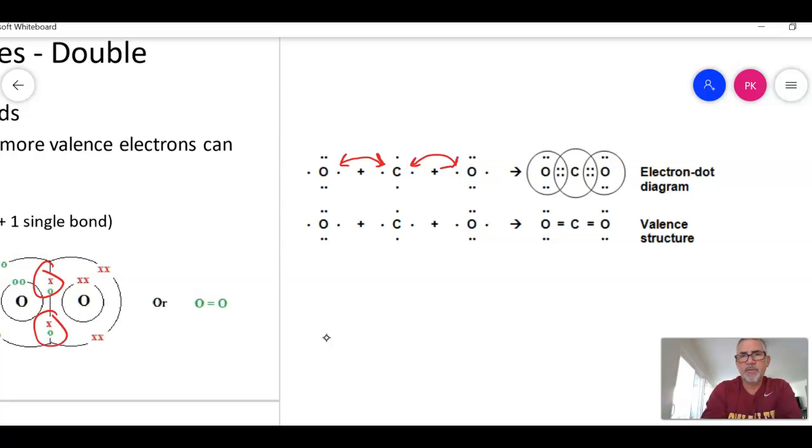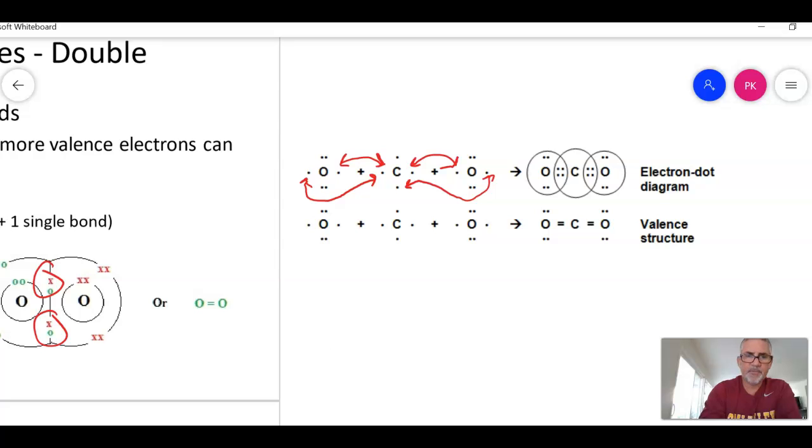This oxygen on the right has 2, 4, 6, 7, right? Because it gets to claim both of them, it shares. And this oxygen here will have 2, 4, 5, 6. So this will actually move this to this side, right? So it'll move it in between, it'll share that one, and this one will move to share that, right? So when it moves them, I end up having this, right?